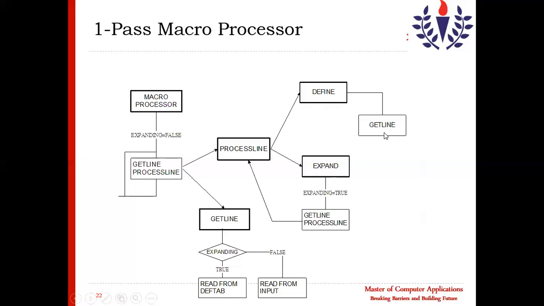In definition we will get the lines one by one, and then it will expand. Expanding will be set to true, and again we are getting the lines and processing the line. And in get line it will check whether expanding is true or false. We have already discussed the procedure for process line and get line.